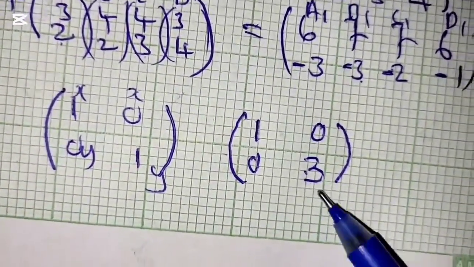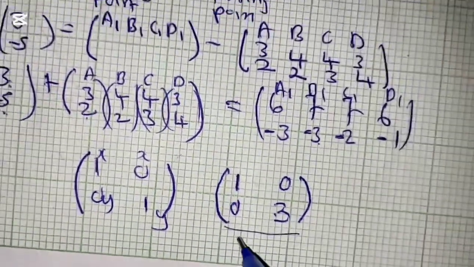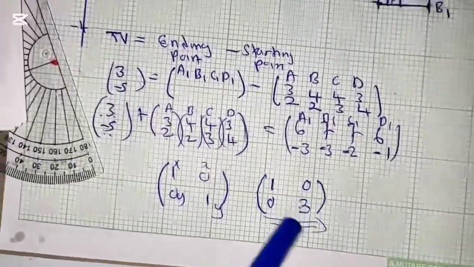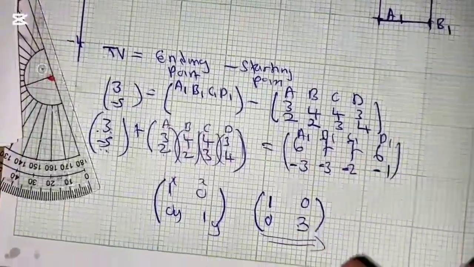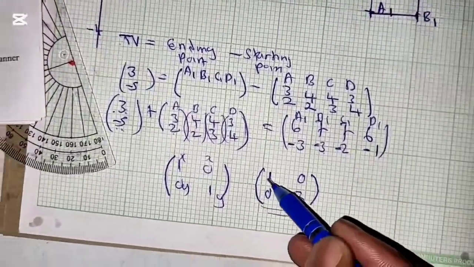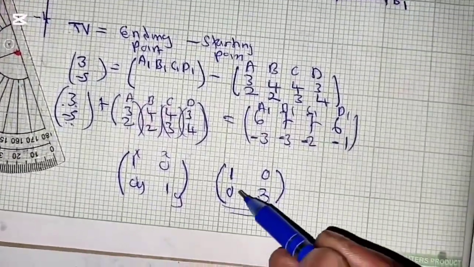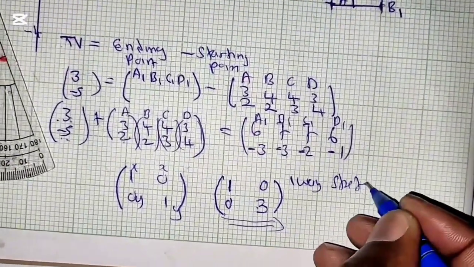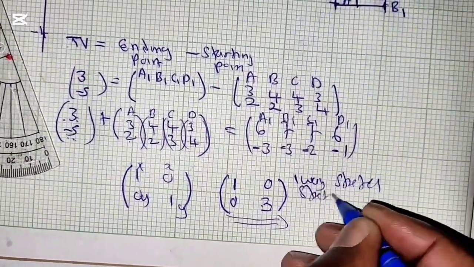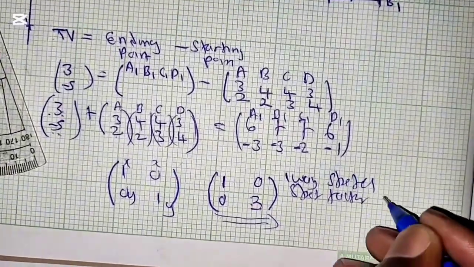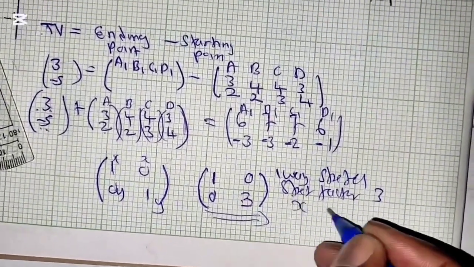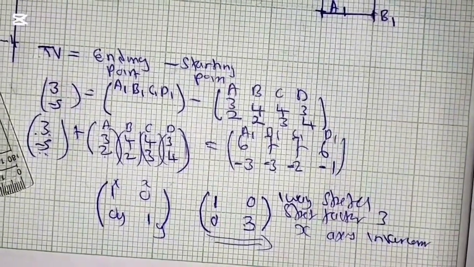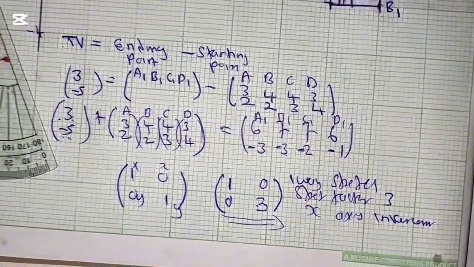So it's on the y-axis. So that's the matrix which was required for us to draw. So that's our matrix, 1 0 0 3, one-way stretch. So one-way stretch, stretch factor 3, x is invariant or parallel to x-axis. That's it.